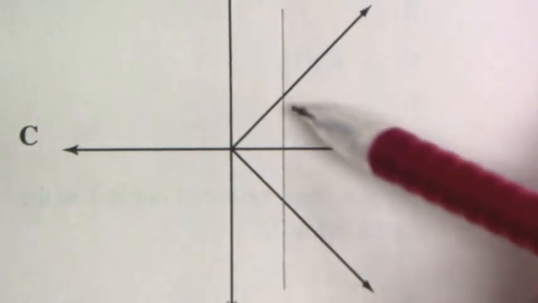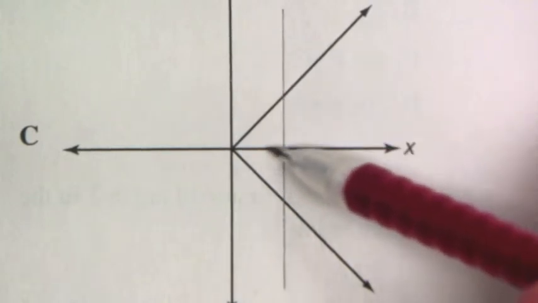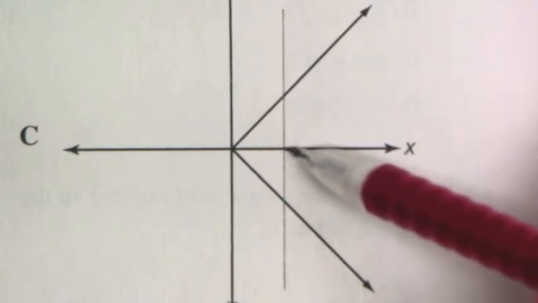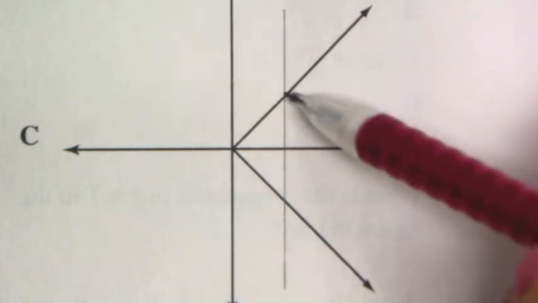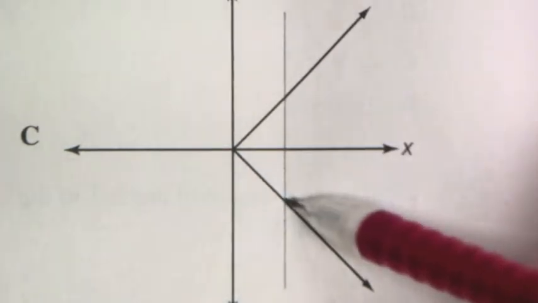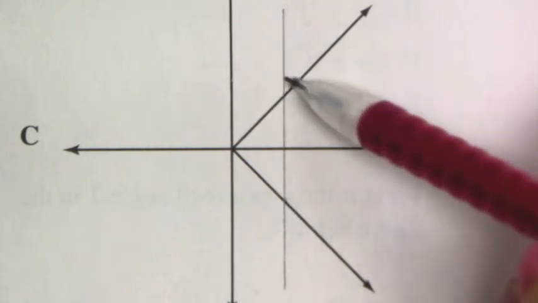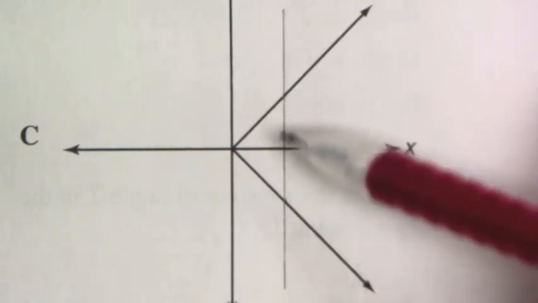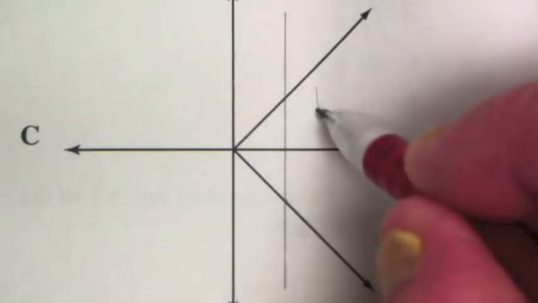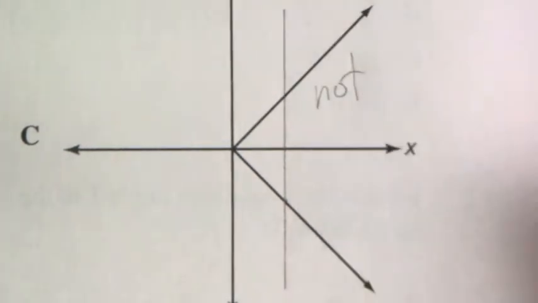And as you can see, this line right here is probably x equals 3. But at x equals 3, there's a y value here and there's a y value here. So that means this x value has 2 y values. It crosses the graph at 2 places, more than one. So this is not a function.